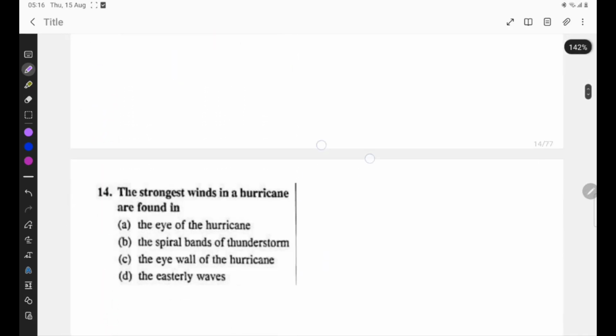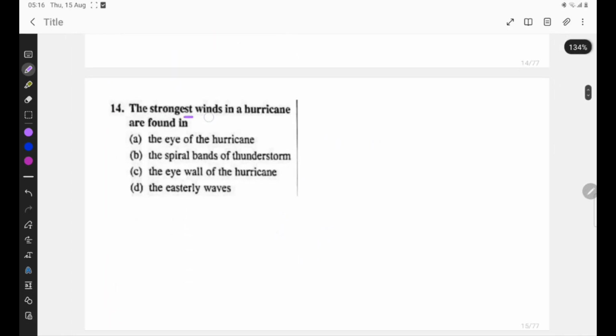Next question says, the strongest winds in the hurricane are found in the eye of the hurricane, or the spiral bands of the thunderstorm, or the eye wall of the hurricane, or the easterly waves. Strongest winds, these are found at the eye of the hurricanes.